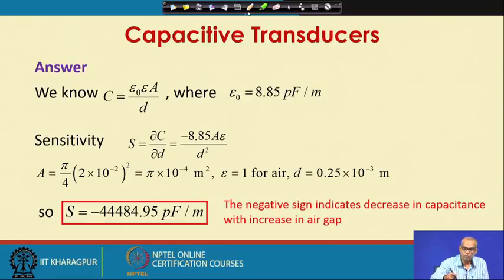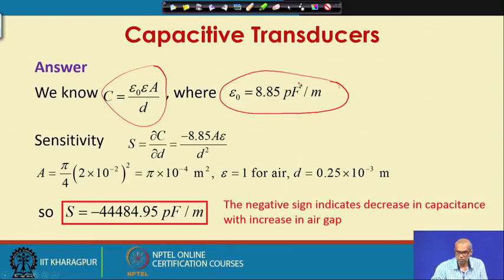So, we know this expression for capacitance. We need to know epsilon 0 is 8.85 picofarad per meter. Sensitivity is del C del D. You remember we wrote minus k by d square. So, that k is epsilon 0 epsilon into A, that is, 8.85 into A into epsilon.